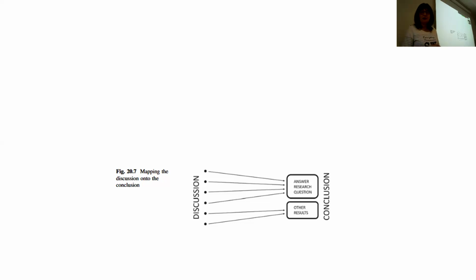Because if you look on the right, there is the answer to the research question. So you say what your research question is, then you answer it, but of course you can have other results as well. Something happened during the data analysis, you found some other ideas, of course you can put it there as well. And each part of this answer to your research question should be related to literature.